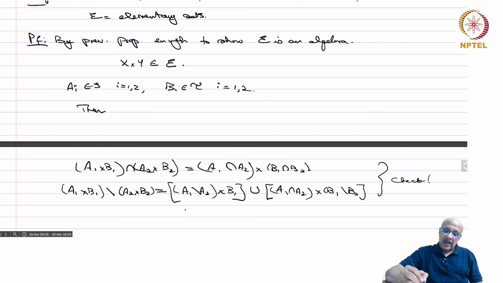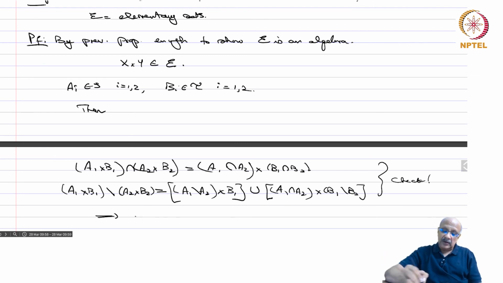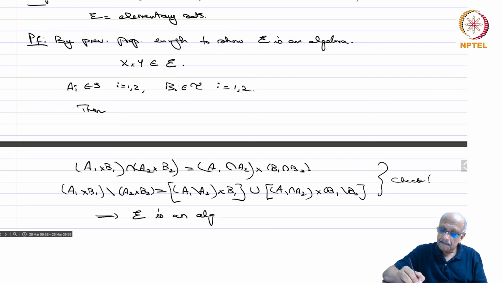Therefore, if you take any elementary sets, then the union and difference will just be again an elementary set because of these two relationships which we have used, and therefore E is an algebra. What is E?